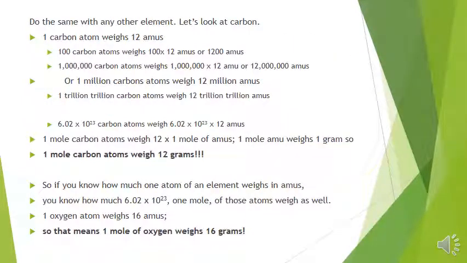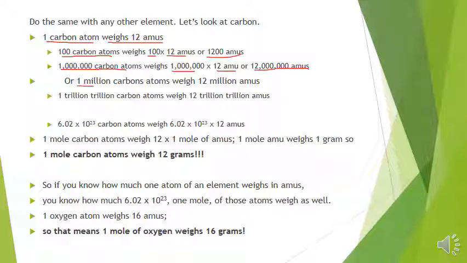Now let's do the same thing with carbon. 1 carbon atom weighs 12 AMUs from the periodic table. If we go through the same logic, 100 carbon atoms weigh 100 times 12 AMUs, or 1,200 AMUs. 1,000,000 carbon atoms weigh 1,000,000 times 12 AMUs, or 12 million AMUs.